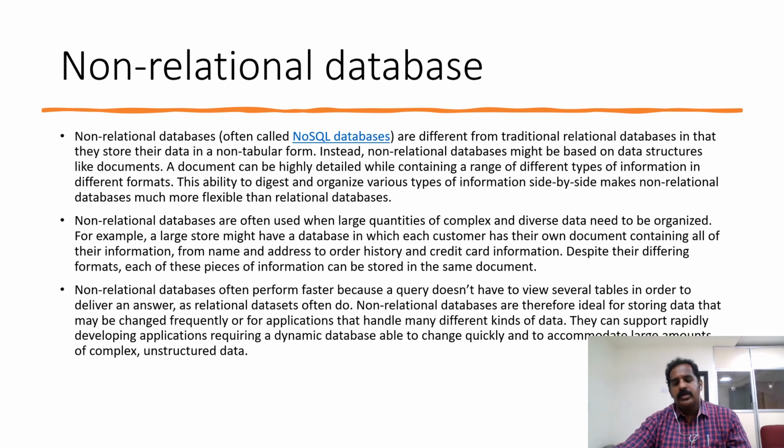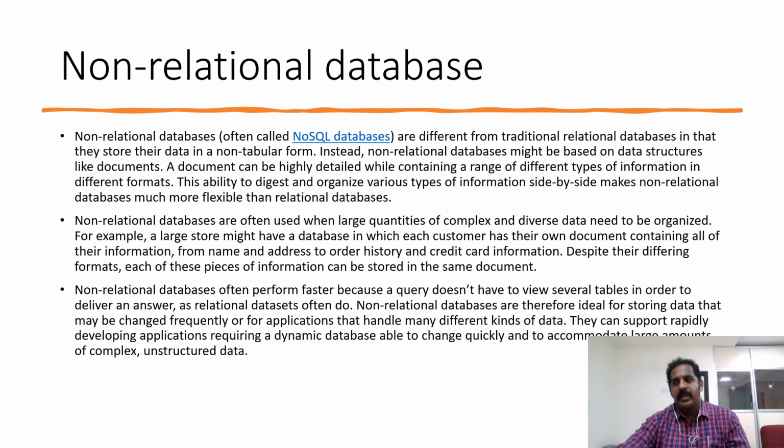See, with the non-relational database, you need to understand that when you are searching for a particular supplier name or a customer ID, you don't need to go through all these tabular columns. You don't need to go through all your customers.